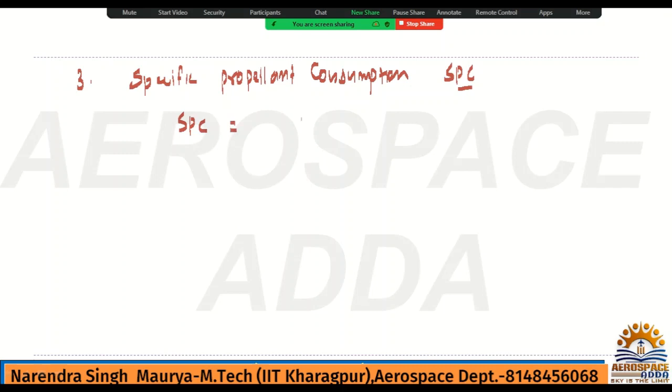Many formulas I had given for SPC, but finally if you remember it was 1 upon ISP. What is the ISP here? It is given 231.06. If you solve this, what you will get? You will get 0.0043 kg per Newton second. This is number 3.